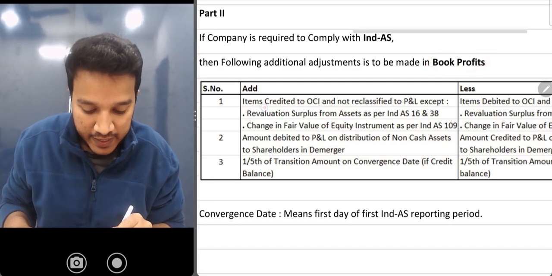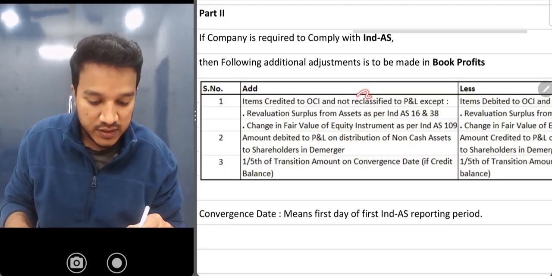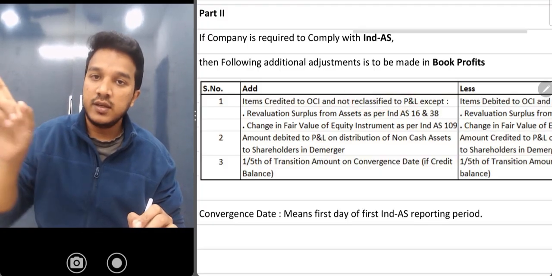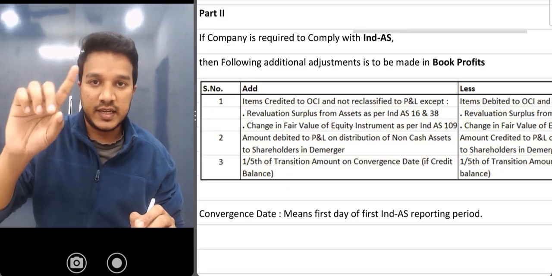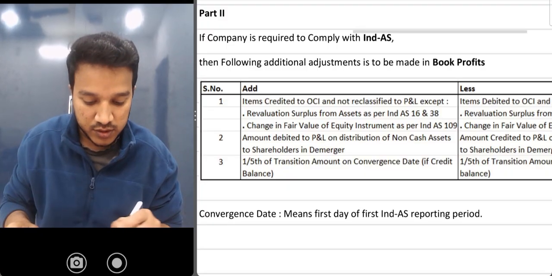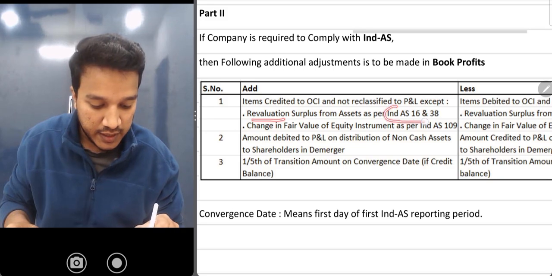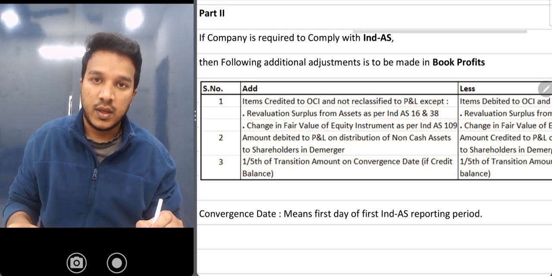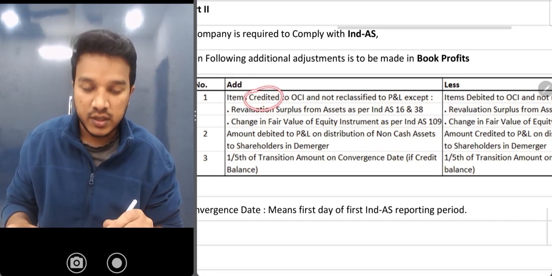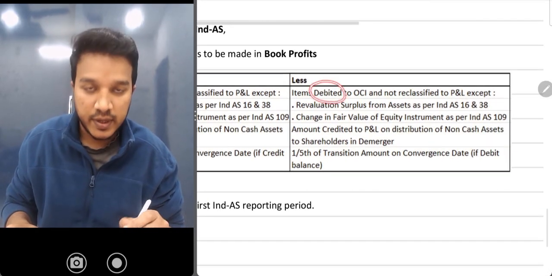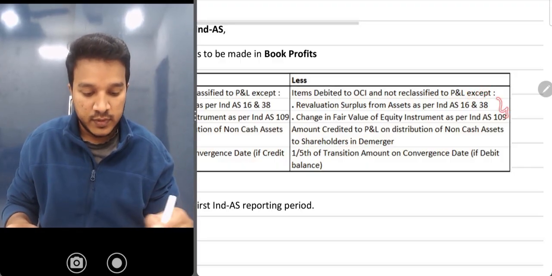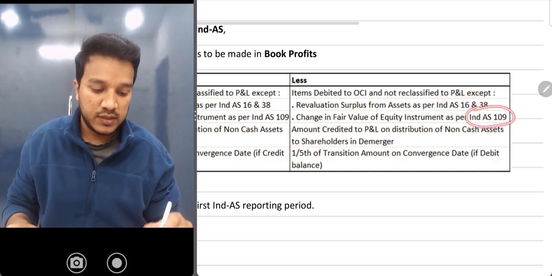Any items credited to OCI not reclassified to P&L, all those things you will add back, except for two things you will not add back: revaluation surplus as per Ind AS 16 and 38, and change in fair value of equity instrument under Ind AS 109. Here you are crediting the same. If it is debited to OCI and not reclassified to P&L, again you will reduce all those except for these two: revaluation surplus under Ind AS 16 and 38, change in fair value of equity instrument under Ind AS 109.